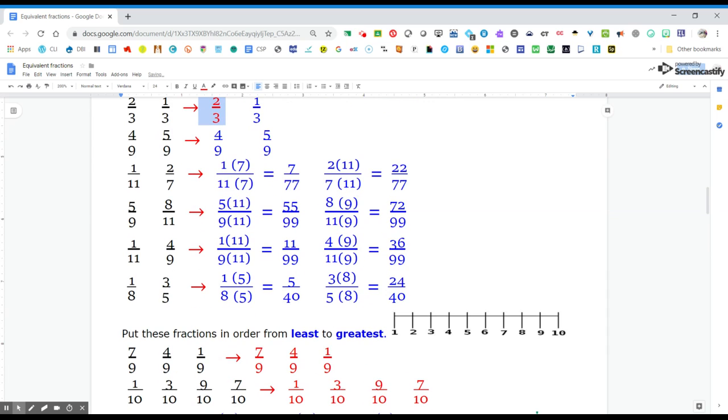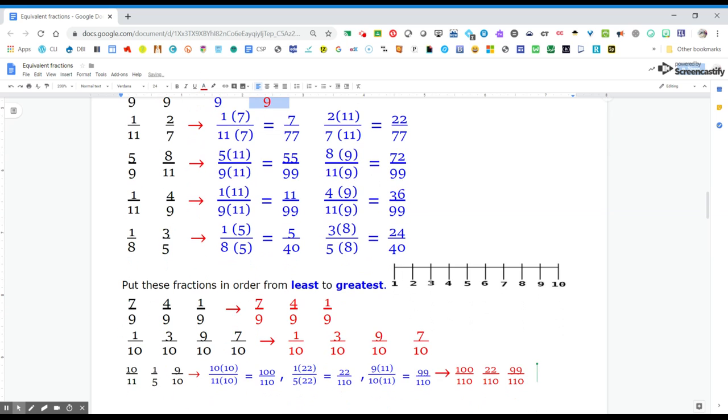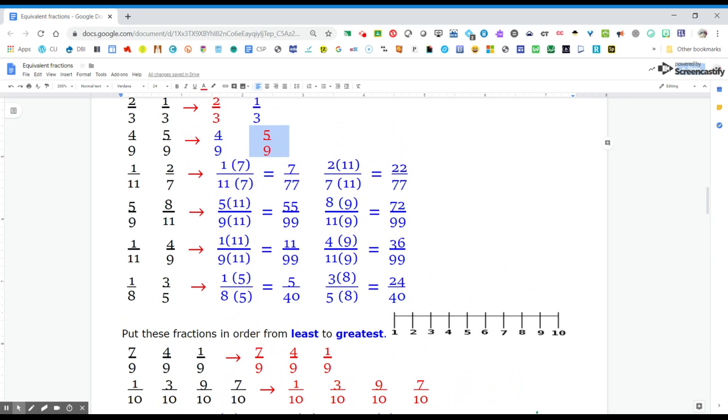And for this one, 4/5, 4/9, and 5/9. So this one is the answer because 5 is greater than 4. And for this one, you're going to look at this is 7, and this is 22. So this is the answer. So just copy it and put it here.